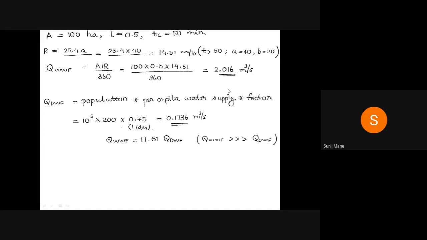The change would be in the wet weather flow. Whatever the wet weather flow, it all depends on the kind of situations during the monsoon season, in the case of India. After observation, we can calculate the wet weather flow, and depending upon these two factors we can decide whether the wet weather flow has to be conveyed in a separate system or not, and whether the dry weather flow has to be conveyed in the separate system, the combined system, or the partially separate system.